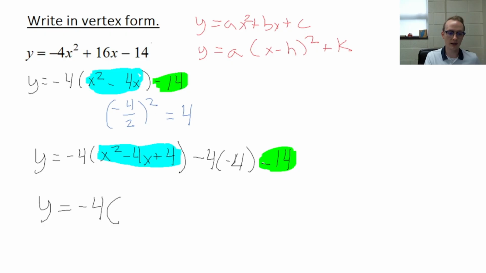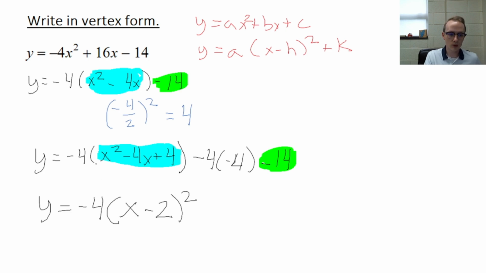But the shortcut is this is just going to be parentheses x plus whatever this term is divided by 2. That middle linear term, if you divide it by 2, that's what's going to come after x. So negative 4 divided by 2 is negative 2. We're not going to square it. We just divide by 2. So x minus 2 in parentheses squared.